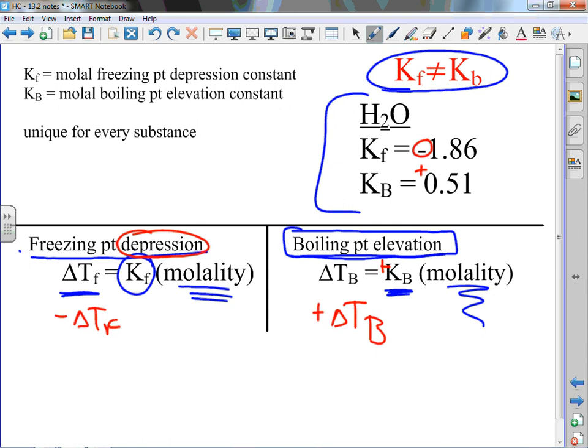There are example problems and sample problems on pages 449, 450, 451, and then on to 454 and 455. So you've got lots of samples, from page 449 all the way through 451, and then we also have sample problems on 454 and 455.